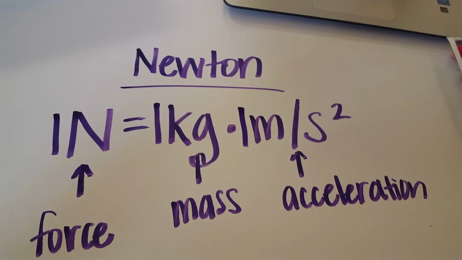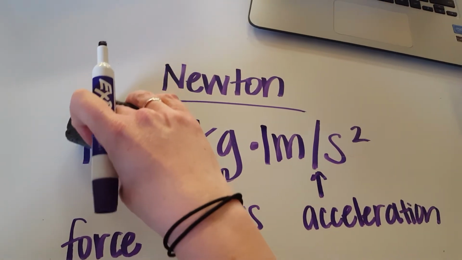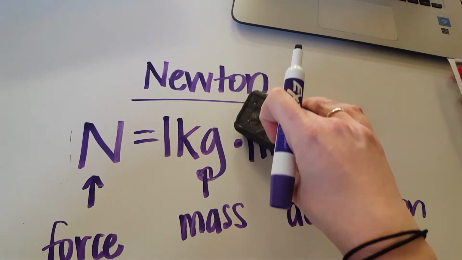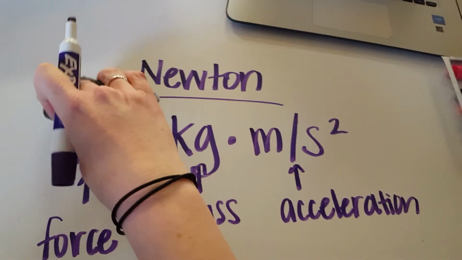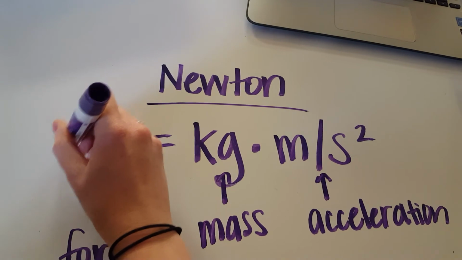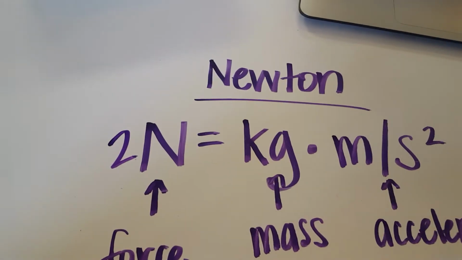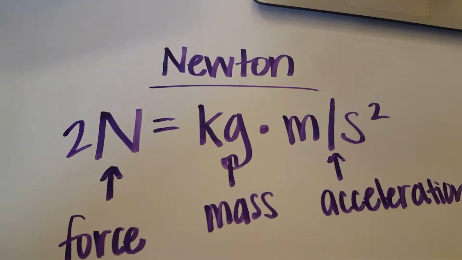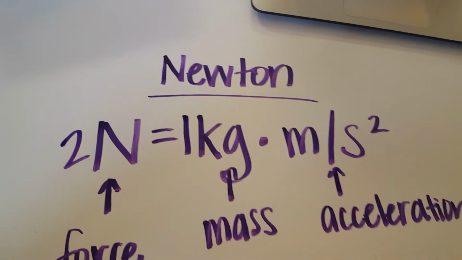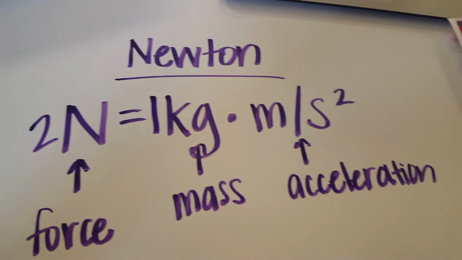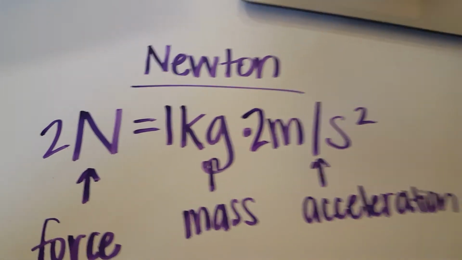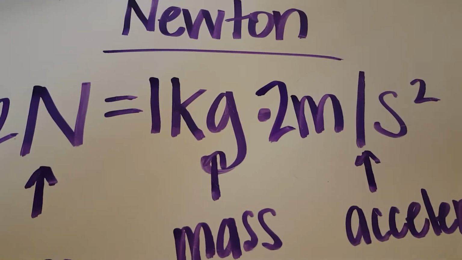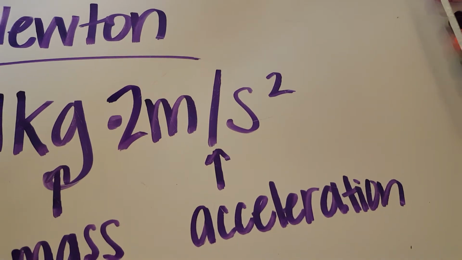So if you look at this in a different way, if I had 2 newtons of force, so I'm applying a push of 2 newtons, twice as much as before, but I'm still applying it on a 1 kilogram object, my object would then accelerate at a rate of 2 meters per second squared. So more push, same mass, more acceleration.